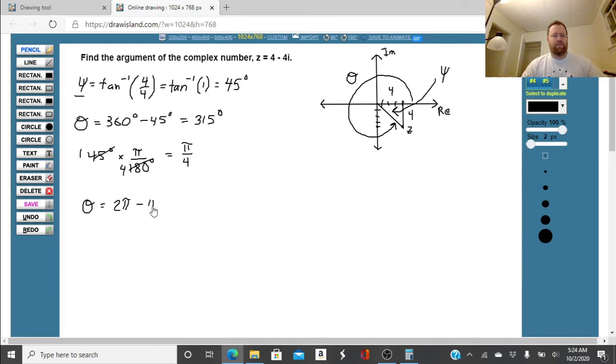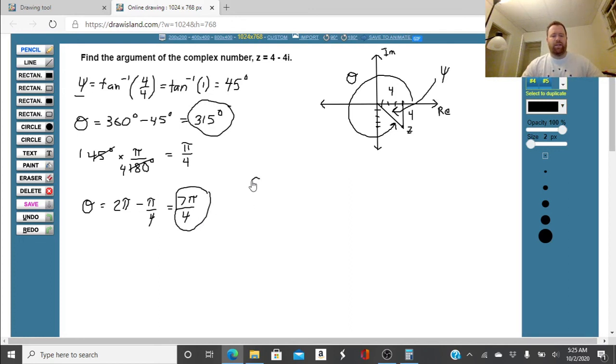Now that's this angle here, so theta is going to equal 2 pi minus pi fourths. So that's going to be 7 pi fourths. So you can either express the argument as 315 degrees or as 7 pi fourths.